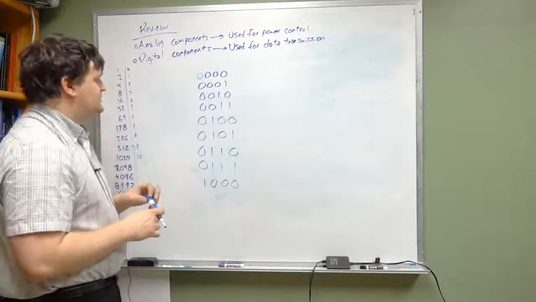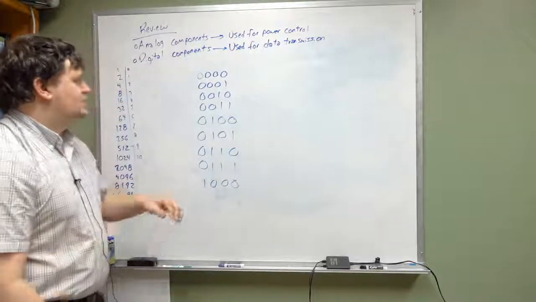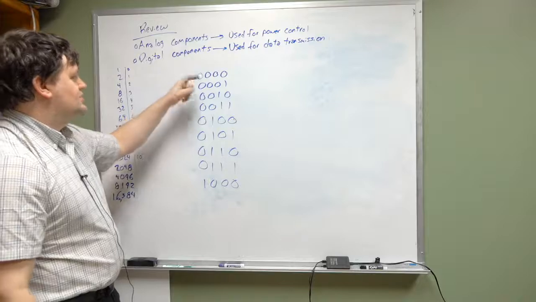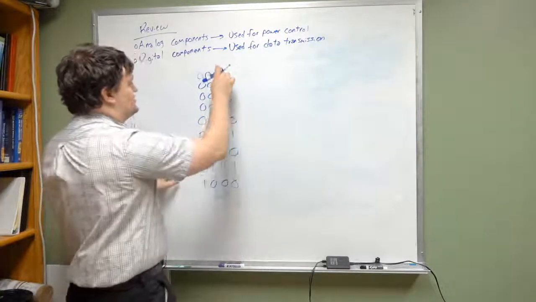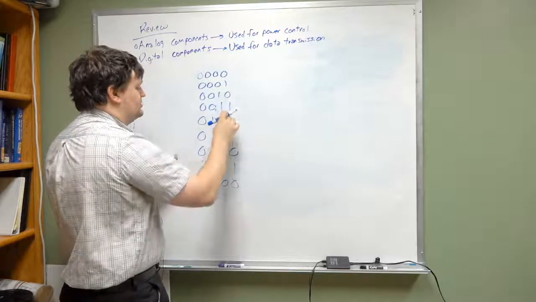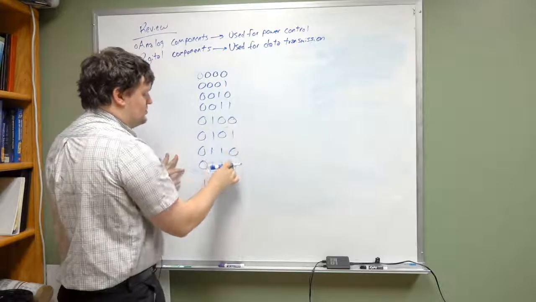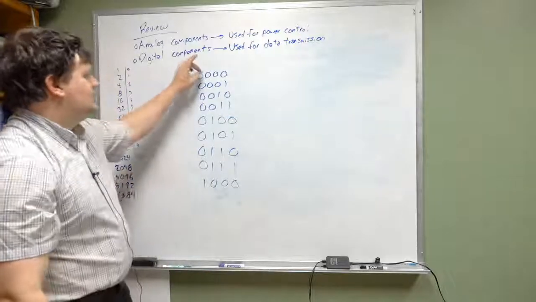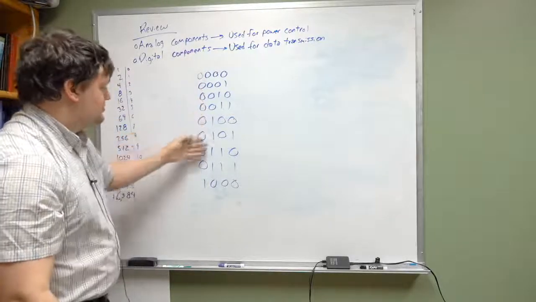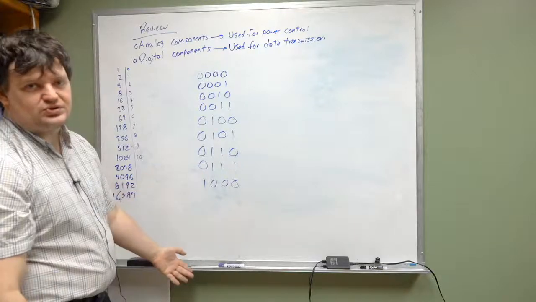I guess I counted 8. Now each of these, you'll notice this register changes by 1 every time. This register goes 0, 0, 1, 1, 0, 0, 1, 1, 0, 0, 1, 1. It's repetitive. And this one goes 0, 0, 0, 0, 1, 1, 1, 1, 0, 0, 0, 0, 1, 1, 1, 1.